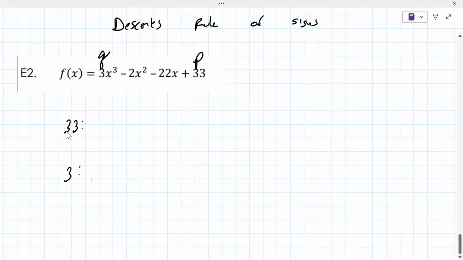Numbers that divide evenly into the number.